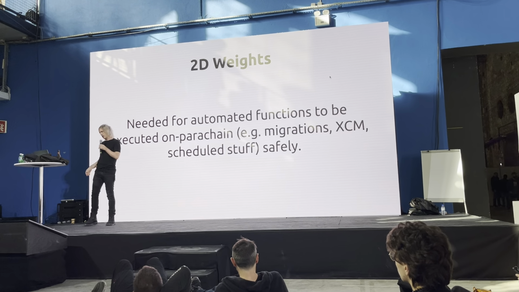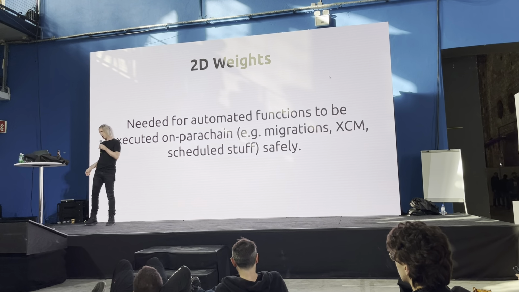These days, we have two separate resources. We have both the execution time, but we also have the amount of space inside the proof of validity. Basically the proof that the parachain submits to the relay chain, that the relay chain can check and make sure that the collator is not telling fibs, is not cheating the system.